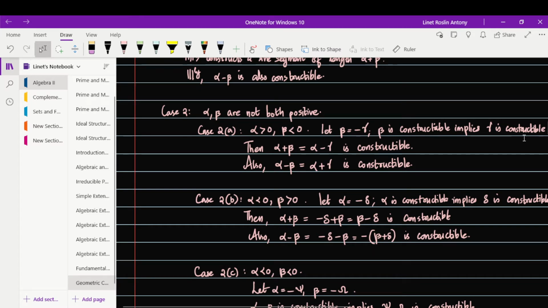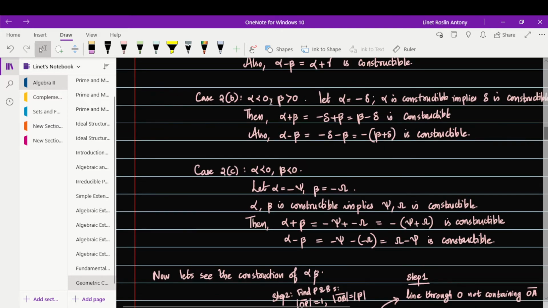So here alpha plus beta is equal to alpha minus gamma, that is constructible from the case 1 part. Similarly, alpha minus beta is equal to alpha plus gamma is constructible, that is also obvious from the case 1 part. Now case 2b says that alpha is strictly less than 0 and beta is strictly greater than 0. So assume that alpha is equal to minus delta.